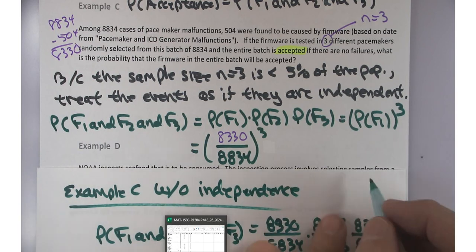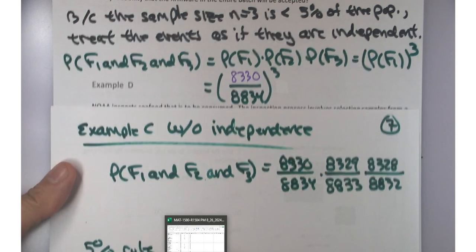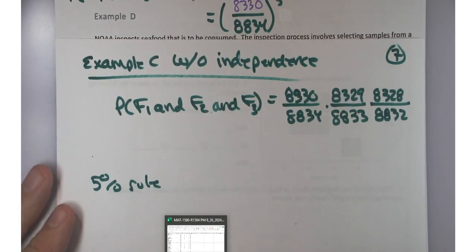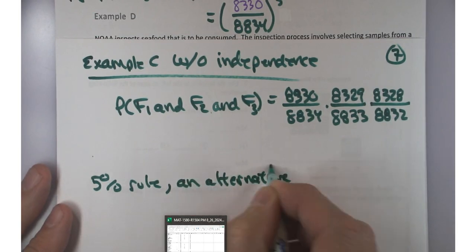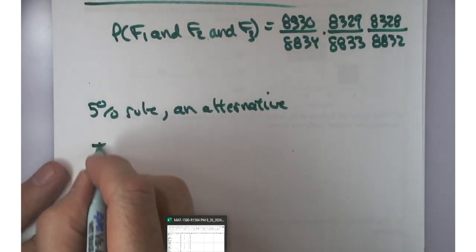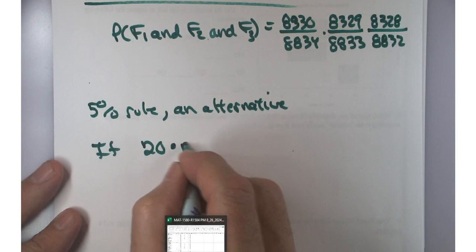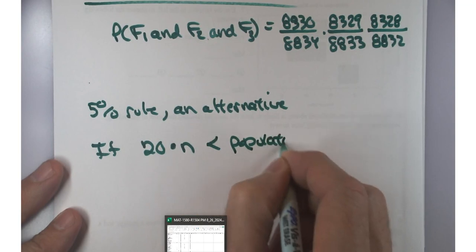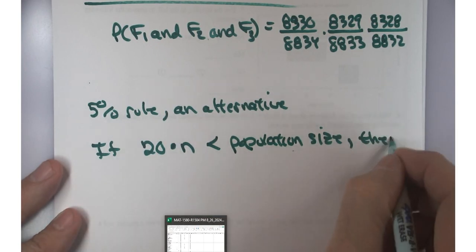All right. So let's look back at the 5% rule. Another way to do the 5% rule, an alternative: if 20 times the sample size is less than your population size, then the sample passes the 5% rule.